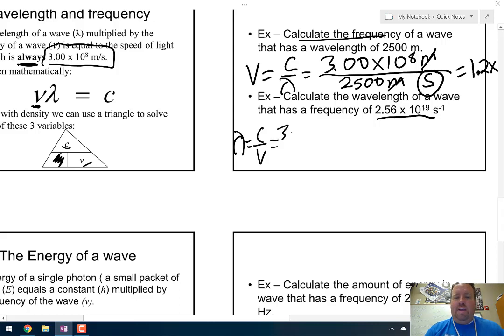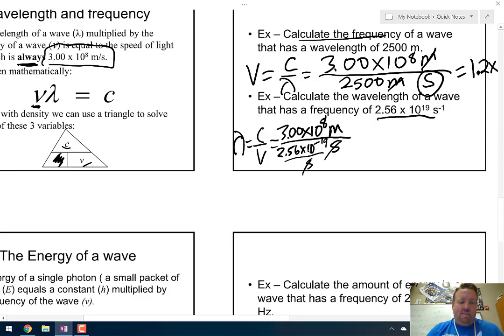And the speed of light, again, never changes: 3 times 10 to the 8th. Notice how I write it this time, meters over seconds, and then I'm going to put my 2.56 times 10 to the negative 19th, and that's seconds to the minus 1, which really means over seconds, so we're going to see those seconds do cancel.